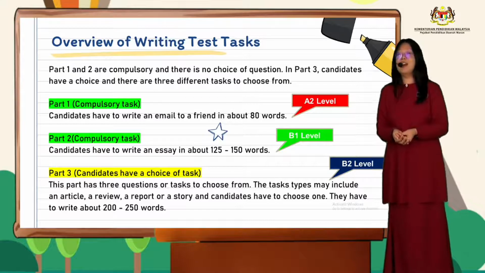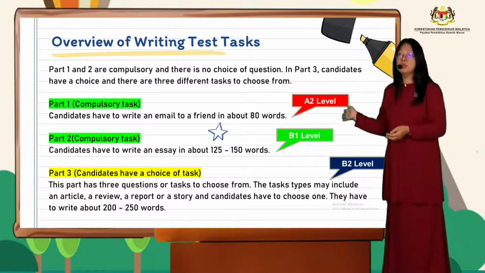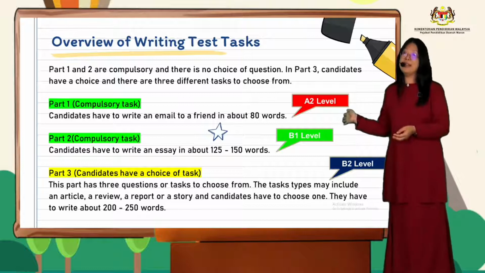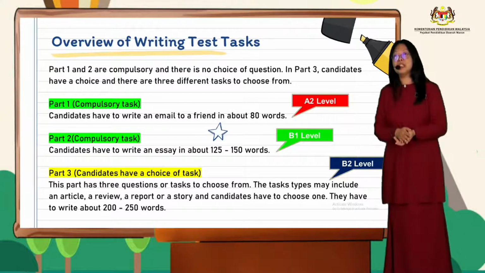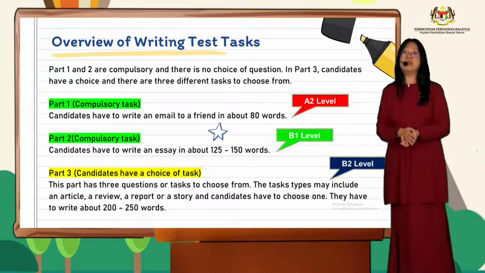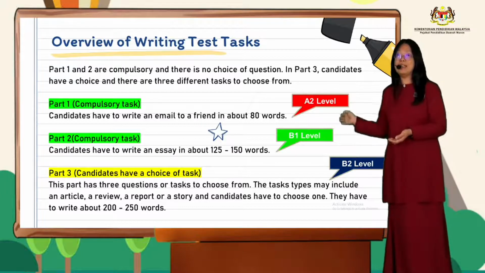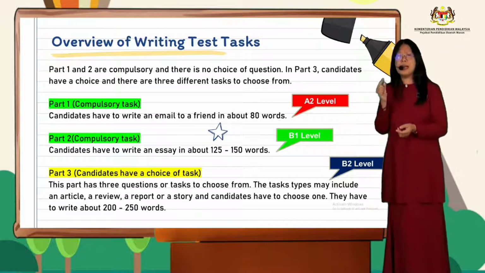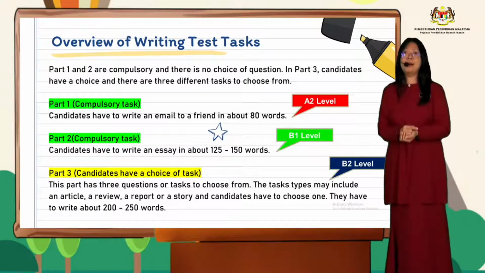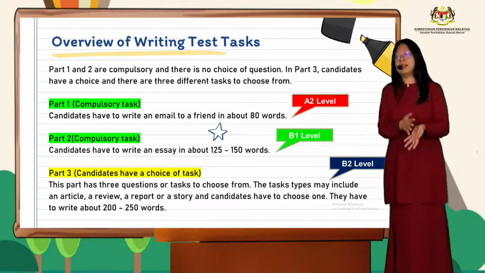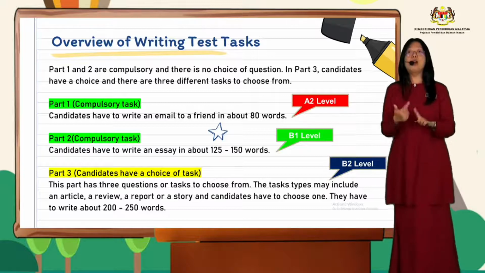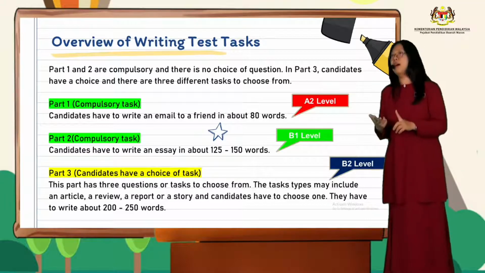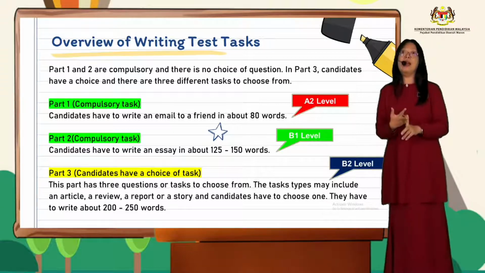For part 2, you need to write a longer essay in about 125 to 150 words. And this is at B1 level. It is a bit higher than part 1. This is the level for Form 1, Form 2, Form 3 students, or we call it the PT3 level.